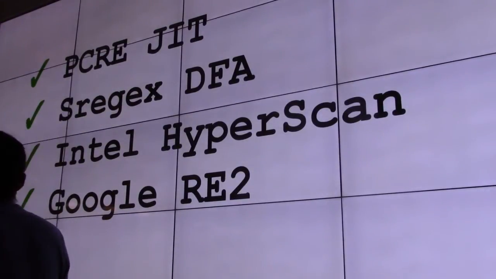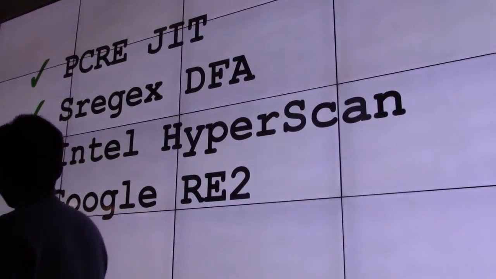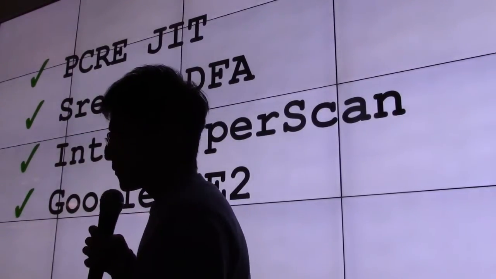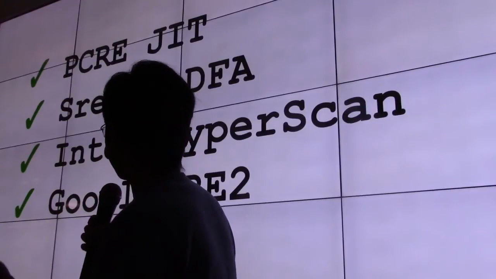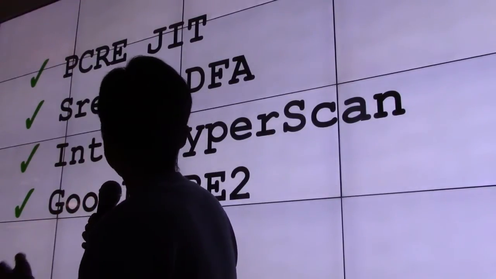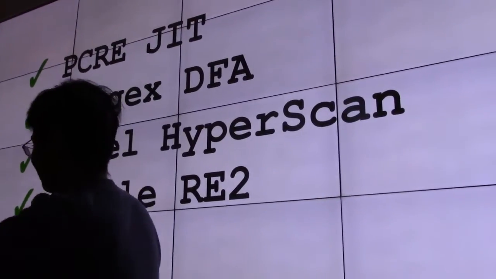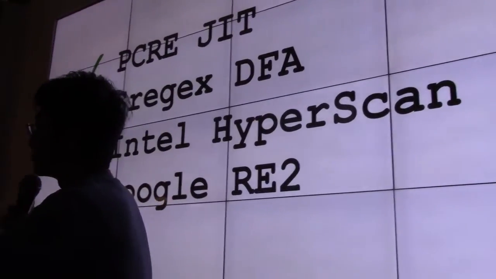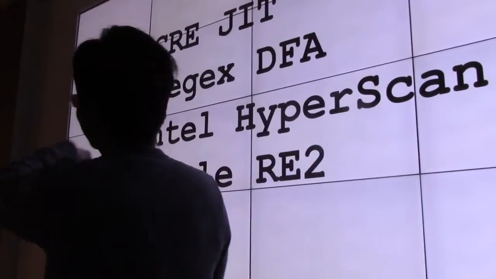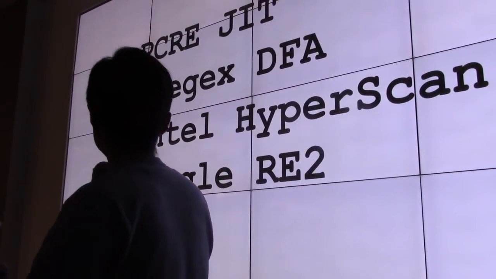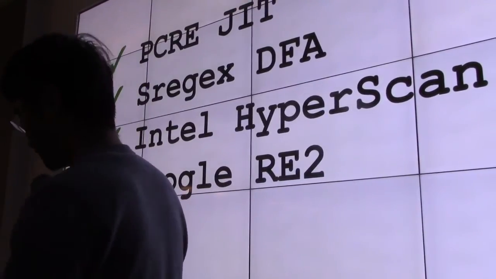And Google RE2 is an automaton-based regex engine. It is quite stable. It doesn't suffer from the backtracking pathological cases, but RE2 is consistently slow for good cases. It's like one time slower as compared to PCRE-JIT in our Cloudflare Lua WAF, for example.